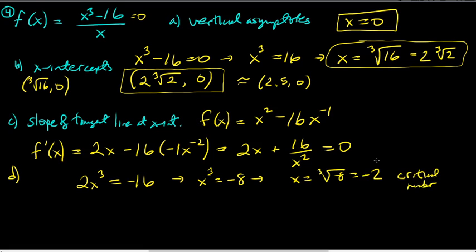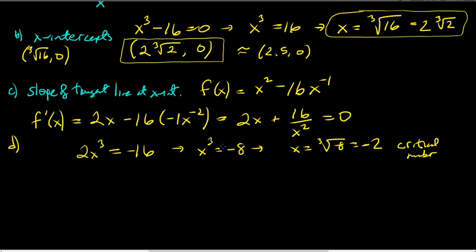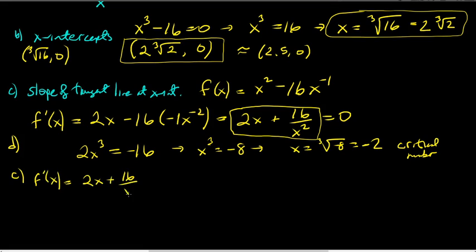So let's go back to part C then, right? So this is the derivative, right? In fact, let me rewrite it so we can use that. So 2x plus 16 over x squared, or if you prefer, you get 2x cubed plus 16 all over x squared, either way.